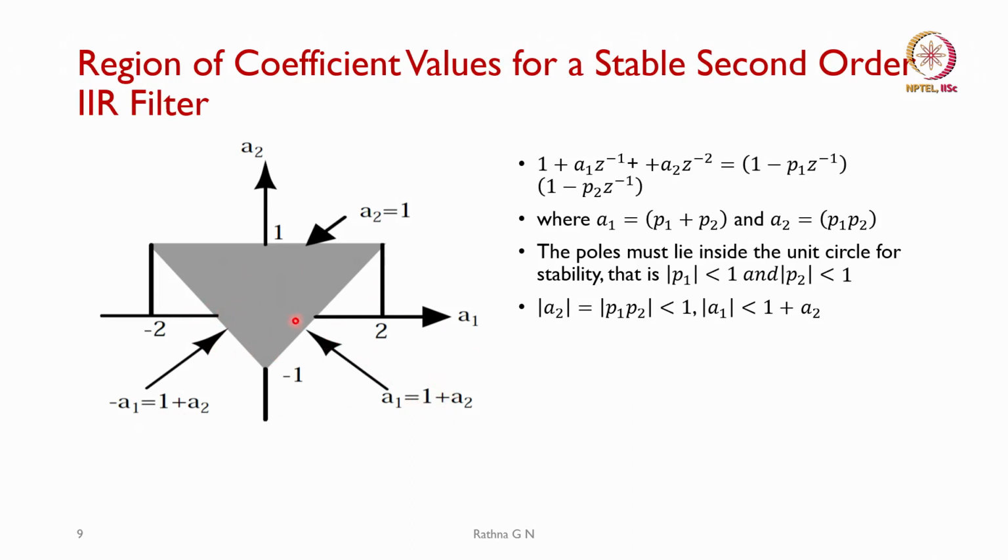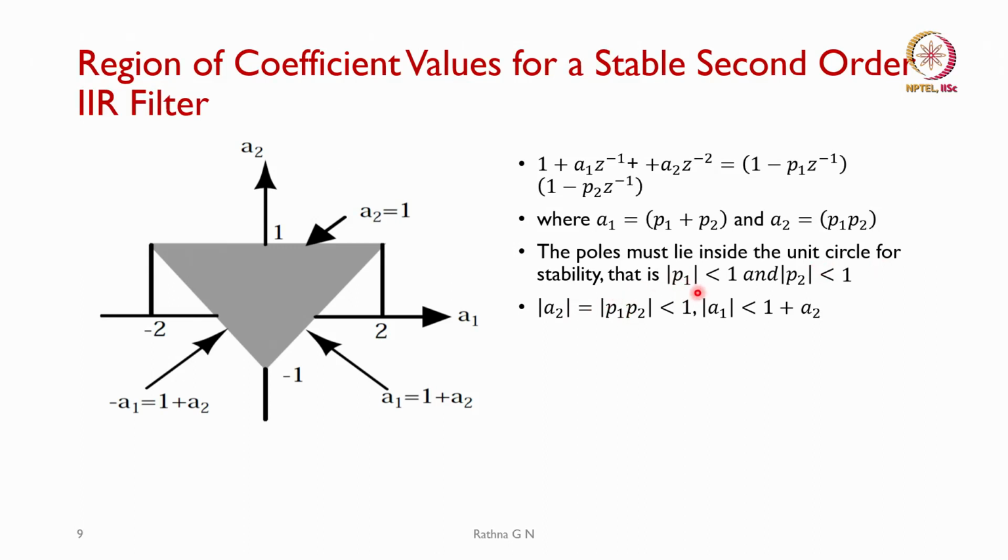How we have arrived at this is shown with the poles here. We consider the feed backward section and analyze it. What we have is 1 plus A1 into Z minus 1 plus A2 into Z minus 2, which is nothing but 1 minus P1 into Z minus 1 into 1 minus P2 into Z minus 1. So, we represent A1 as P1 plus P2 and A2 as P1 into P2. We see that poles must lie inside the unit circle for stability.